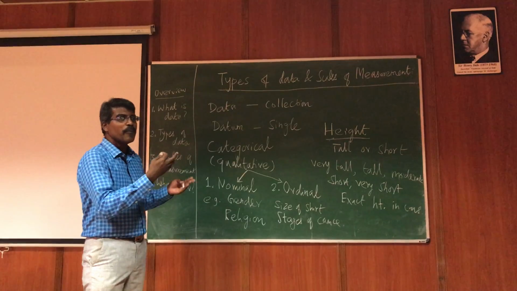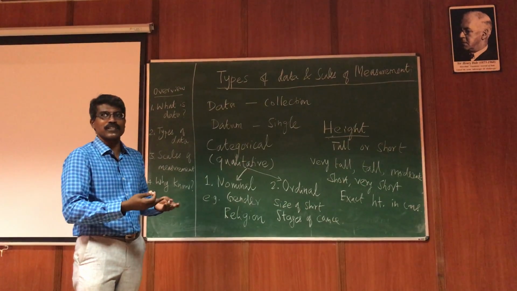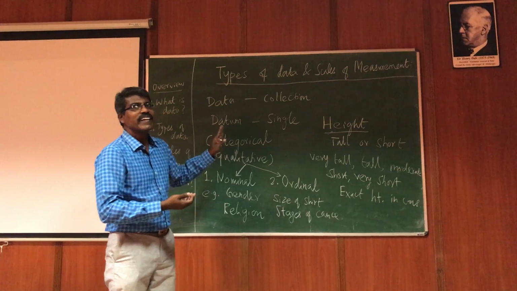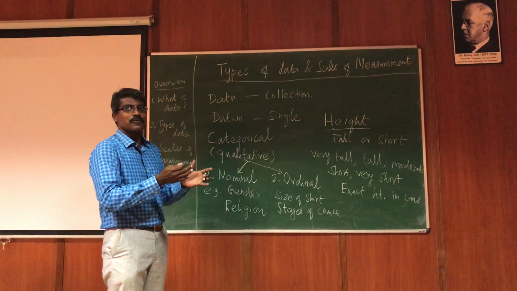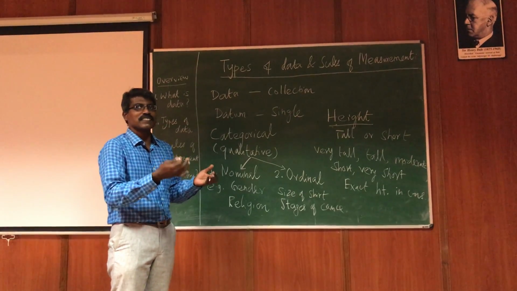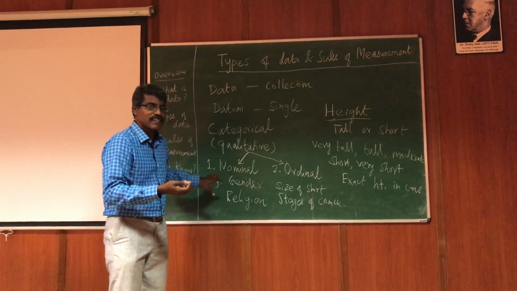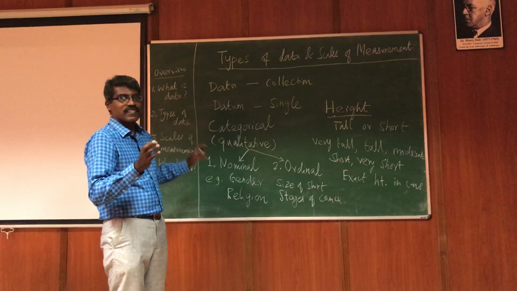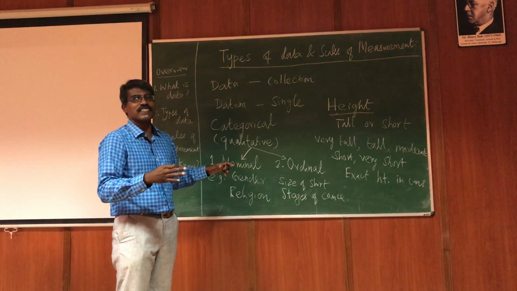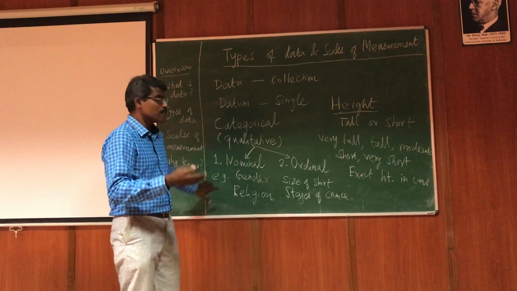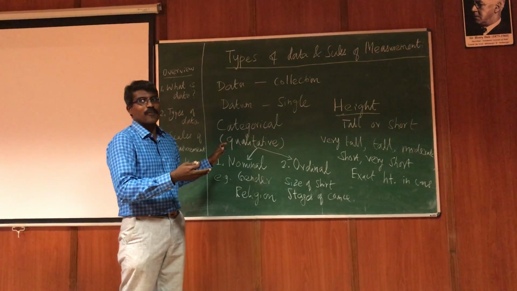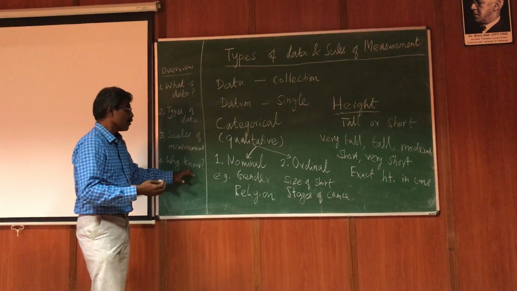The most important reason is that the type of data dictates what measure you use to summarize the data, and what type of test you will use if you want to compare these variables between two groups is basically dependent upon the type of data and the scale of measurement. That's why we need to know that.